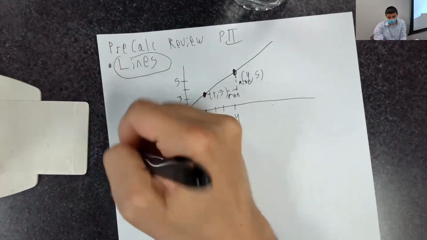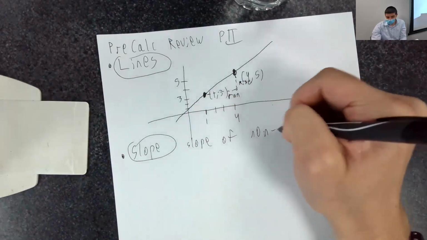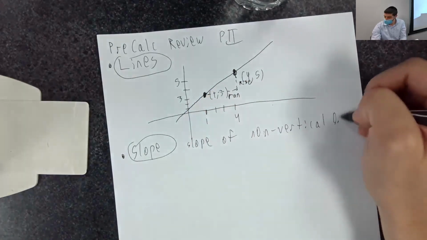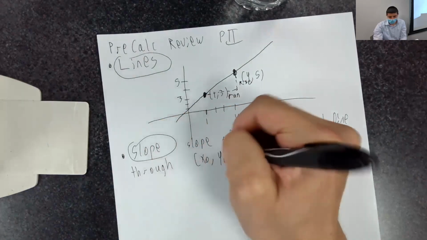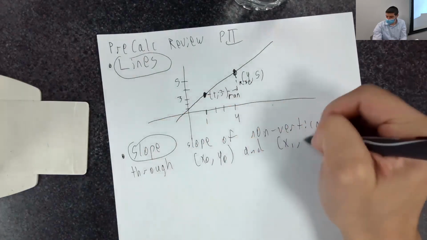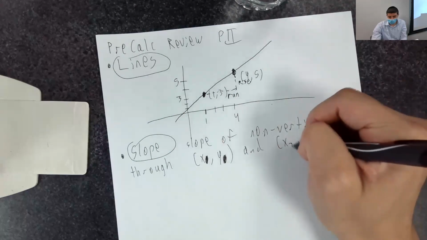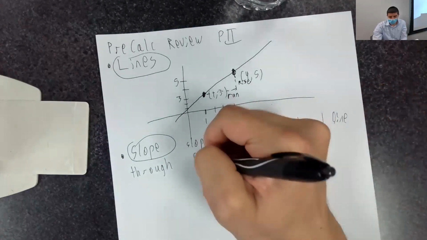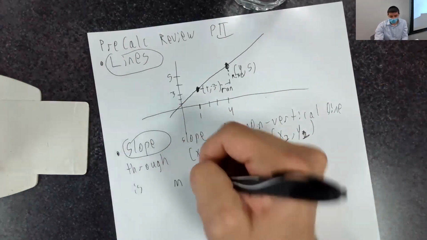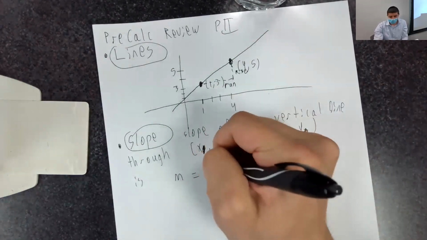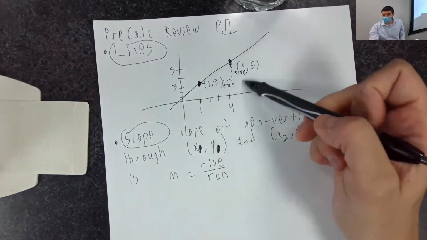The slope of a non-vertical line through x1, y1 and x2, y2, which is the more standard notation, is, we use the letter m for slope, the rise divided by the run.